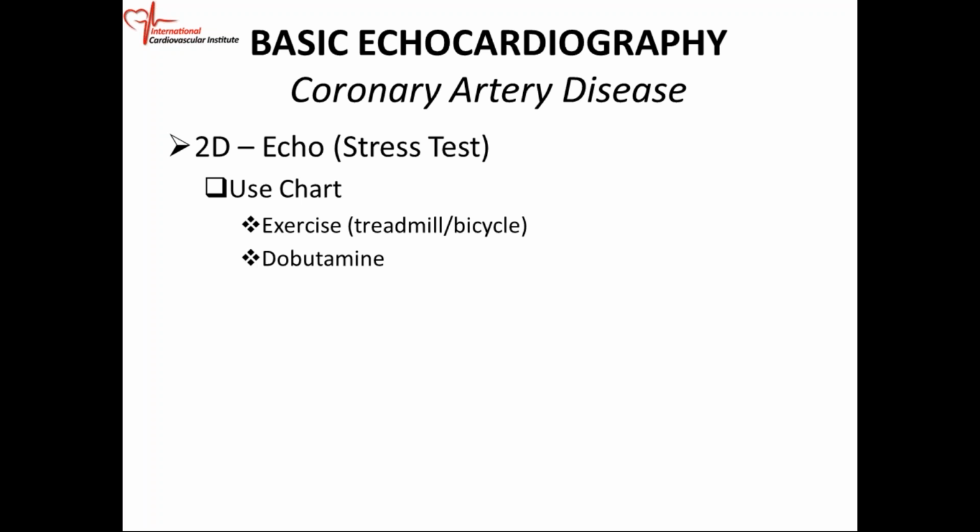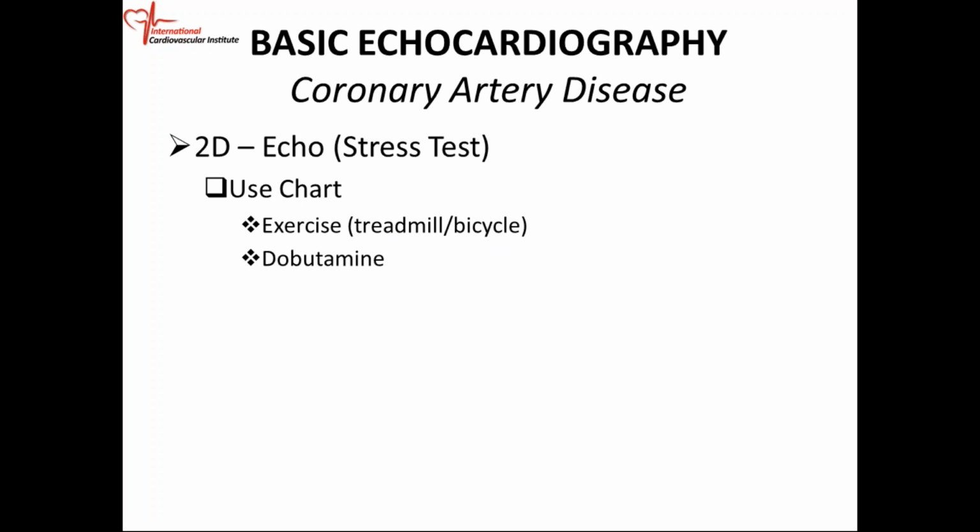When we do stress echo, we have to exercise the patient, or we can do a chemical stress test using dobutamine. We just want to get the heart rate up, and we can exercise the patient to get the heart rate up. We can use a treadmill. Most commonly in the Western world, we use treadmill, but you can use a bicycle, what we call a supine bicycle.